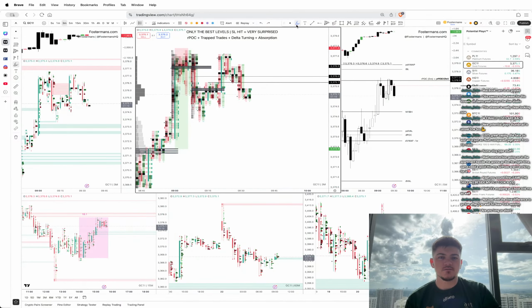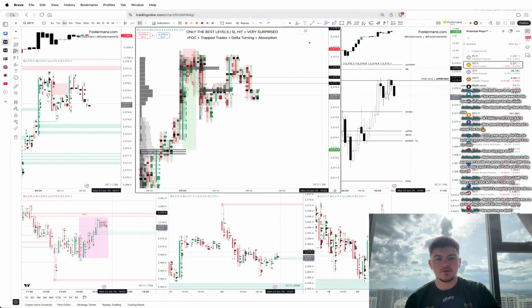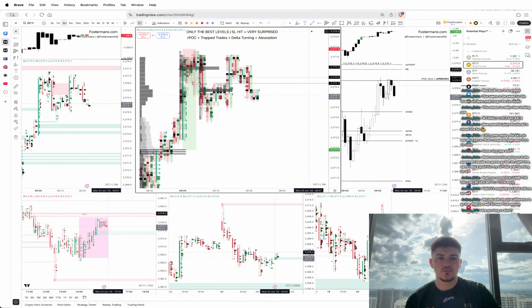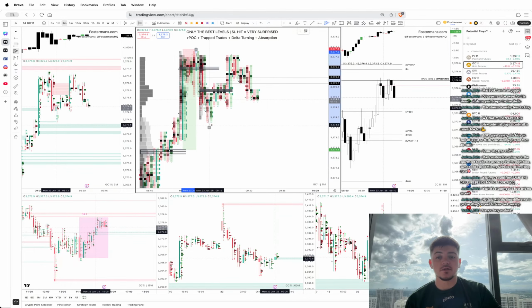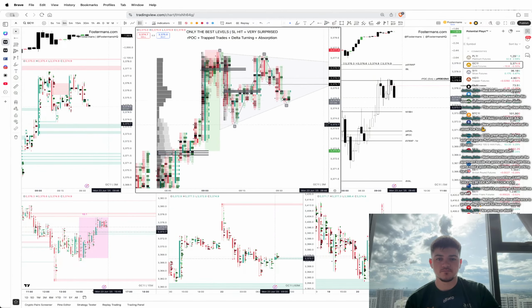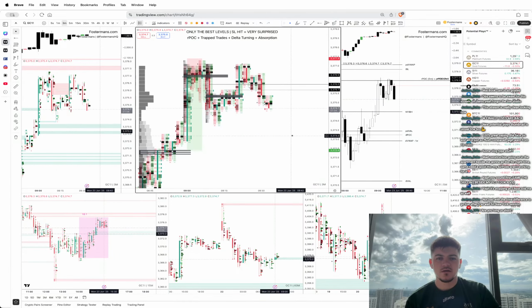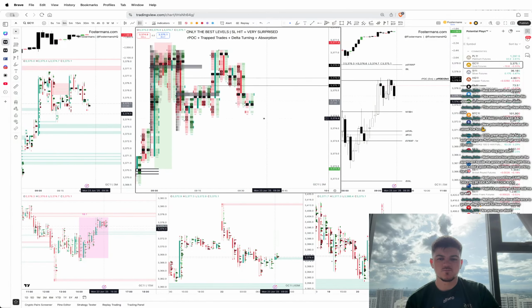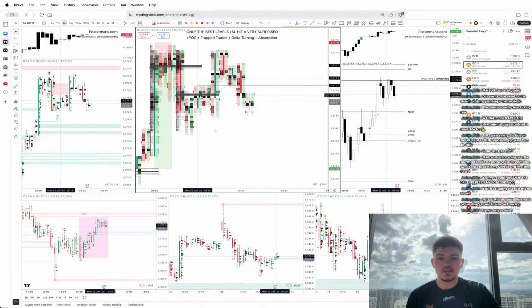Obviously this triangle pattern is sort of coming in here, right? That's why I actually have this marked. It's simply because you'll see that more times than not, right? But kind of just waiting on that breakdown of like this area.